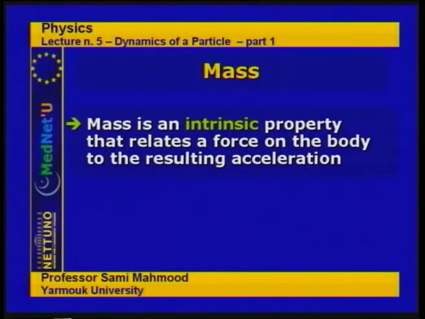So there is one intrinsic property for an object, which is the mass of the object. This is intimately related to the effect of force and the resulting motion of the object.